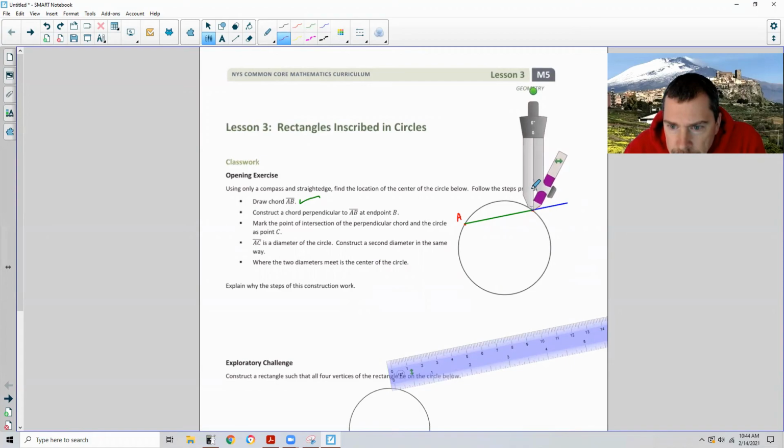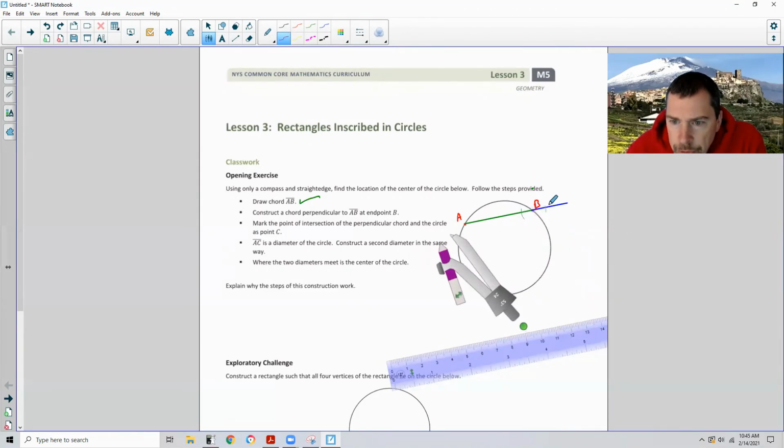A little to the right, there we go. And you draw an arc right here, and then you go around to the other side and draw an arc there. So there are the two arcs.